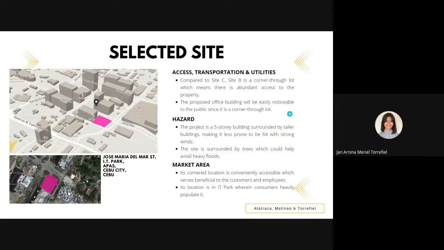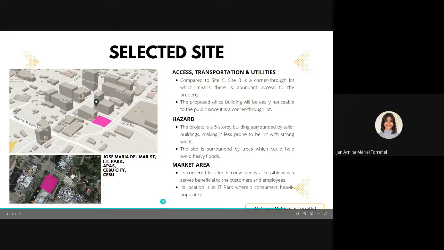And for the hazard, the project is a five-story building surrounded by taller buildings, making it less prone to be hit by strong winds. The site is surrounded by trees, which could help avoid heavy floods. And in NOAA, it is little to none prone to hazards of flooding, landslides, and storm surge.